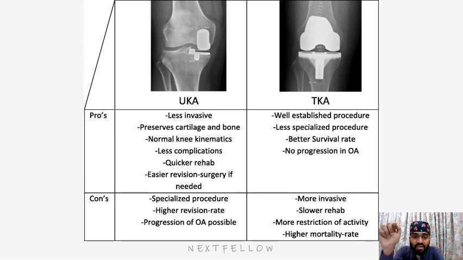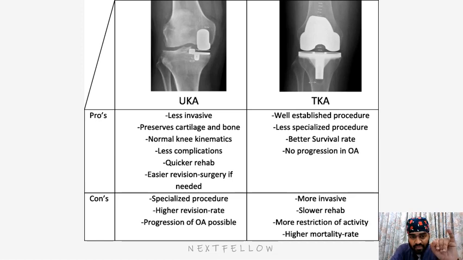In the total knee arthroplasty, both the femoral condyles and the tibial condyles or the tibial plateaus have been replaced. Now, this is for anyone to understand and know that if a total knee arthroplasty is compared with a unicondylar knee arthroplasty, how are we going to differentiate them? What are going to be the pros and cons?